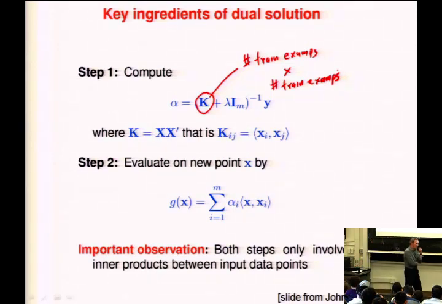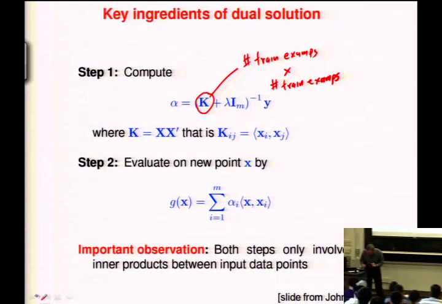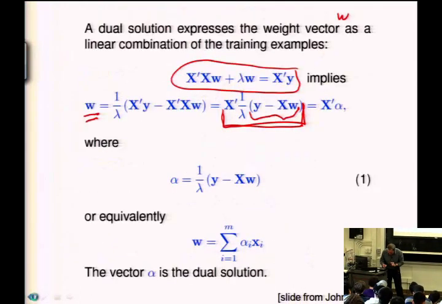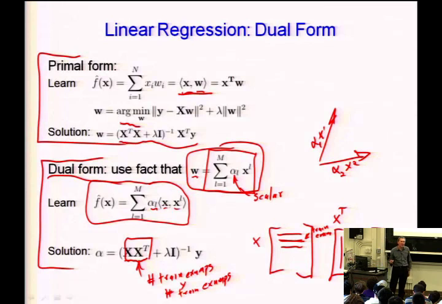And so in a two-dimensional space, we're not gaining much by going from, actually, let me go back one slide. Here's the place. So this thing is number of training examples by number of training examples. What's the dimension of that?